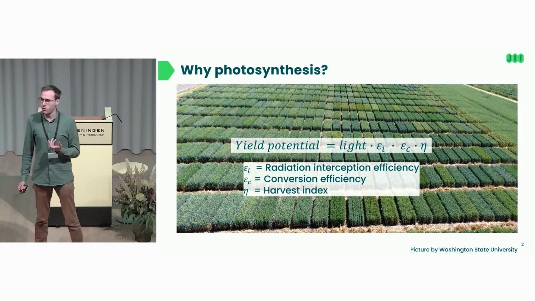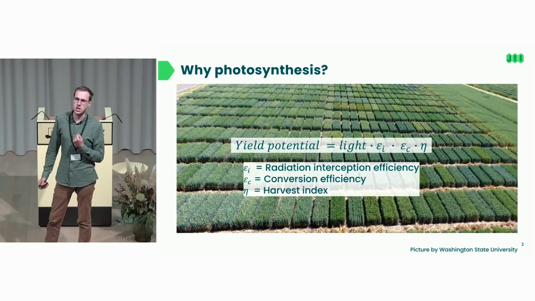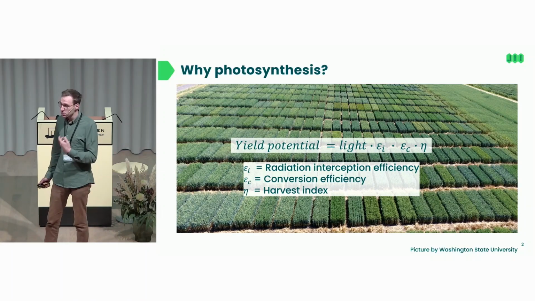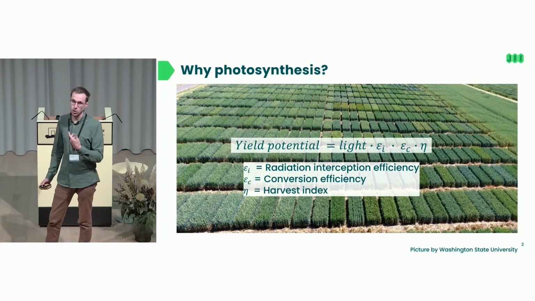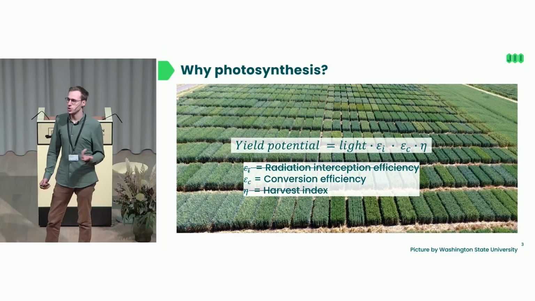Primarily the advances made are in radiation interception efficiency and harvest index. There is probably still room for some improvement, but the improvements are getting closer and closer to the optimal. The one thing that's left out at this point is the conversion efficiency.